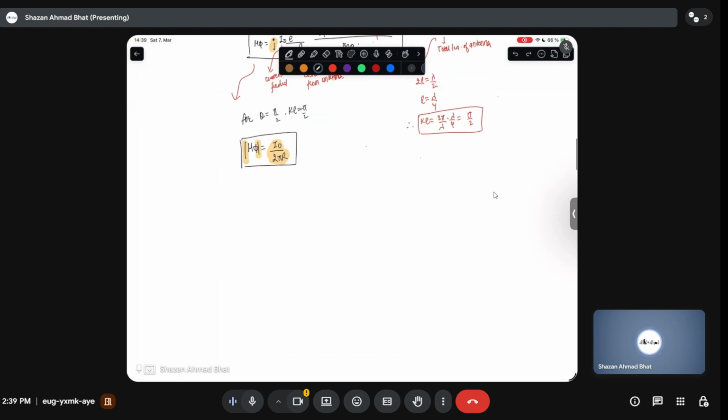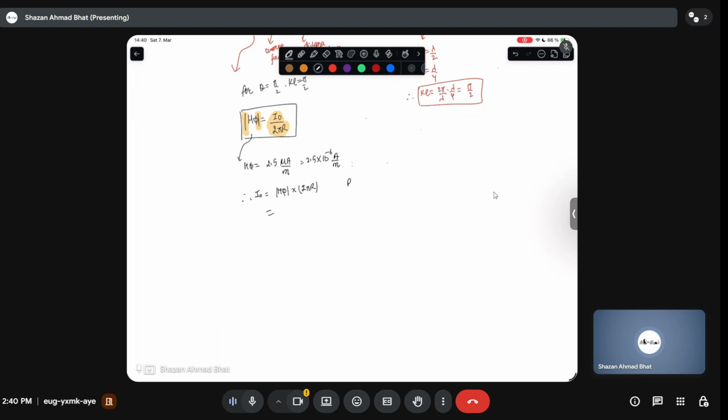So now everything is given. H of phi was given in the question as 2.5 microamps per meter, which is 2.5 into 10 to the power minus 6 amps per meter. Therefore I naught will be the magnitude of H phi into 2 pi r.